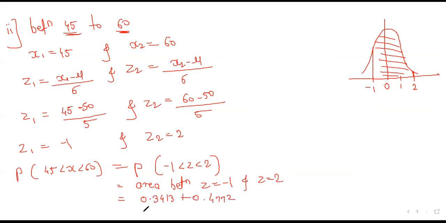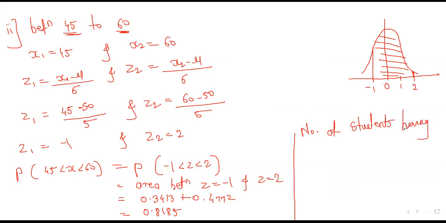And which is equal to 0.8185. So now we have to calculate number of students having weights between 45 to 60 is nothing but 4000 into 0.8185.